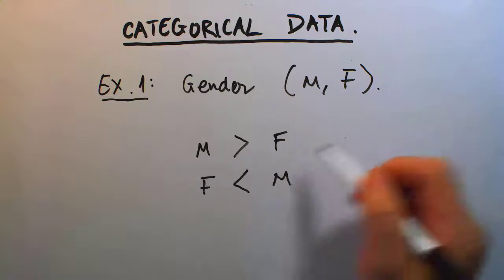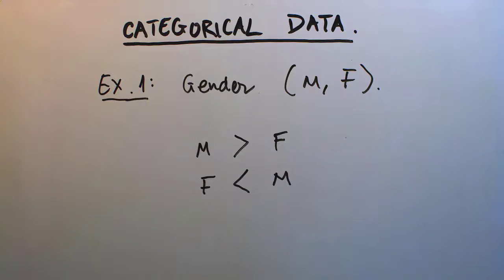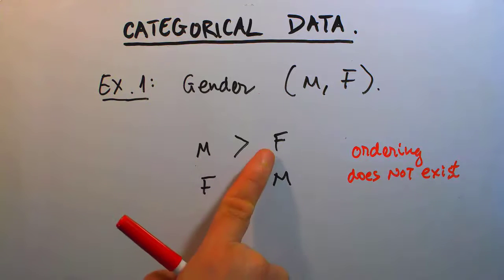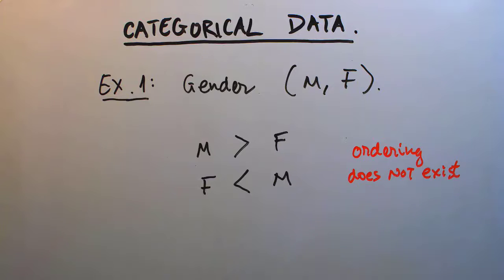So ordering does not exist. We just simply cannot put the data in any particular order at all, because it basically means nothing. We cannot say male is greater than female in which way. Is that body size, or height, or weight, or anything else?